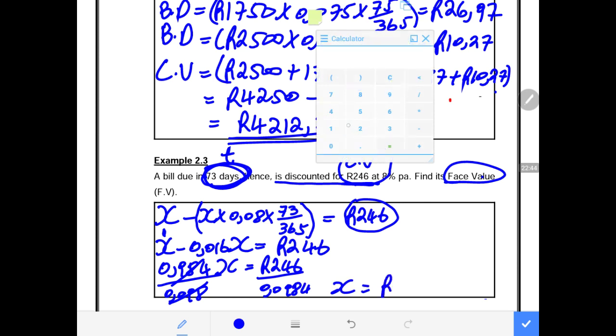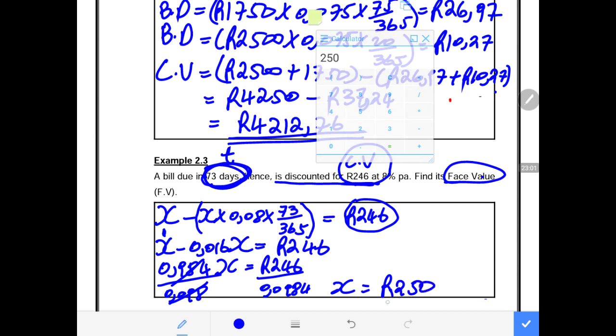Then we say 246 divided by 0.984, we get 250. And the face value of this bill was 250, and the cash value of this bill was 246.